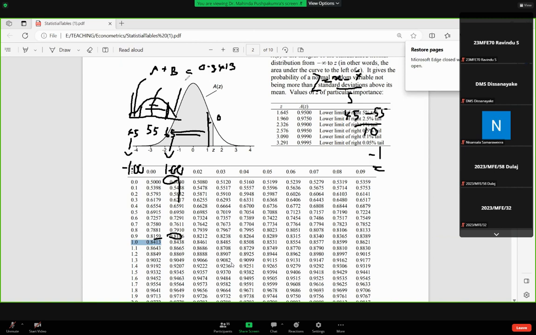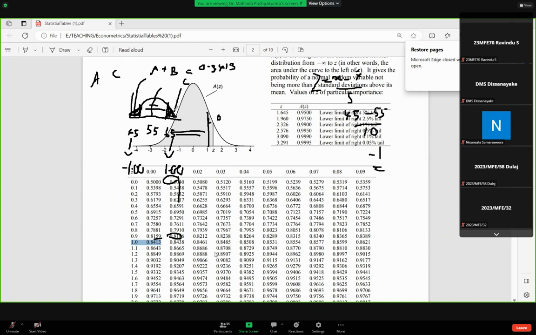If I put C for this area, what can you say about A and C?